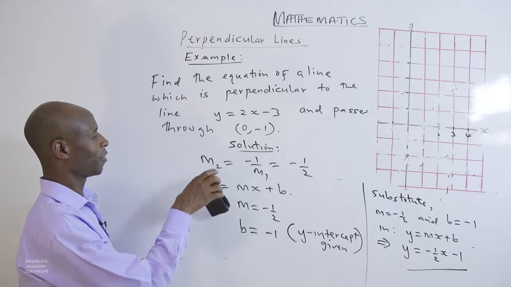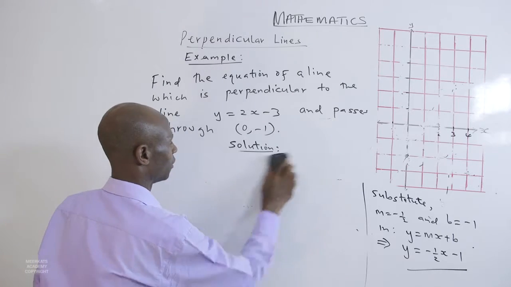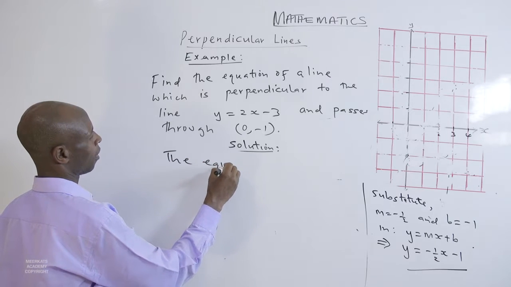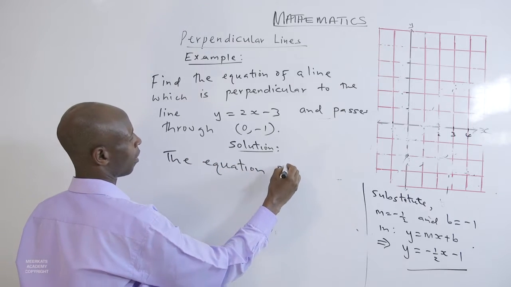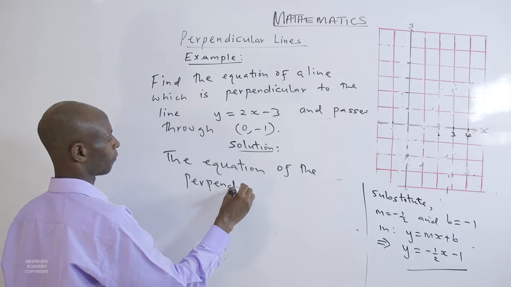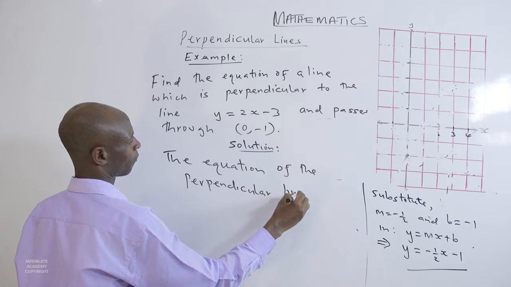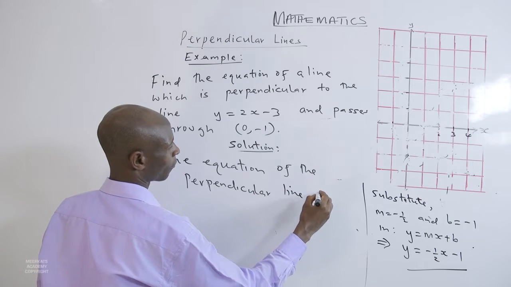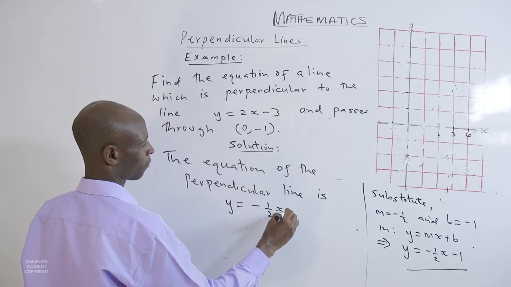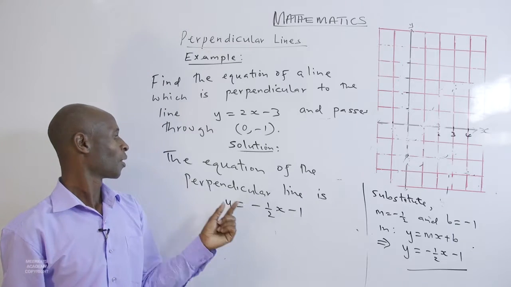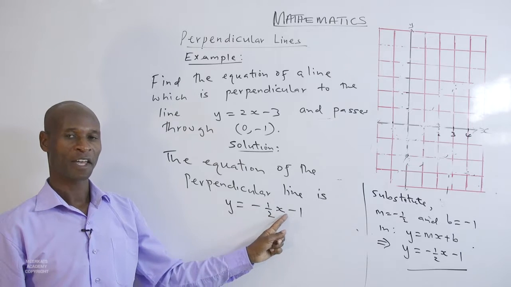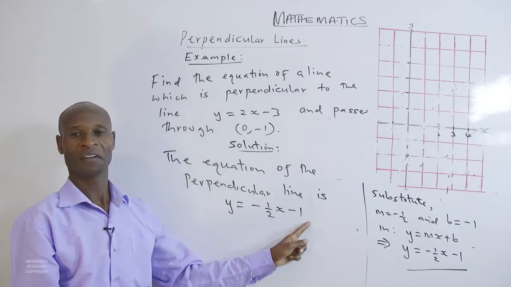So we now answer the question as follows. The equation of the perpendicular line is y is equal to negative a half x minus 1.